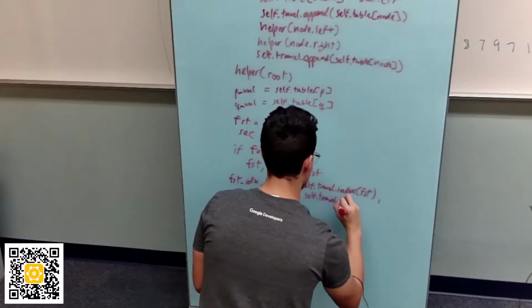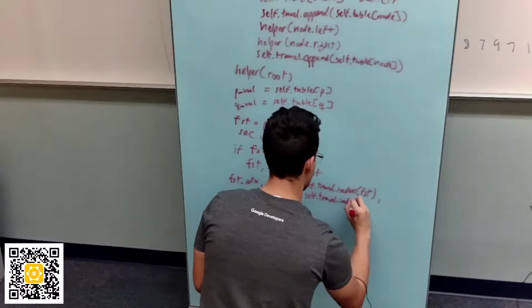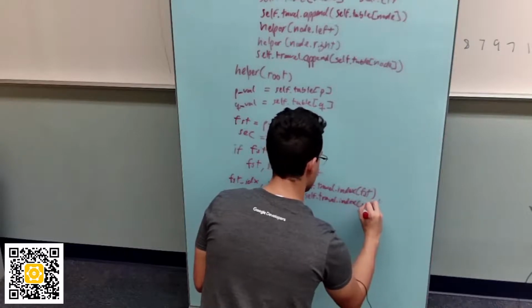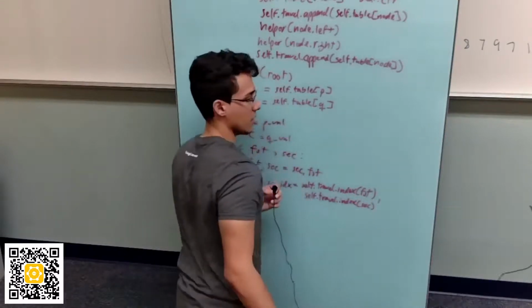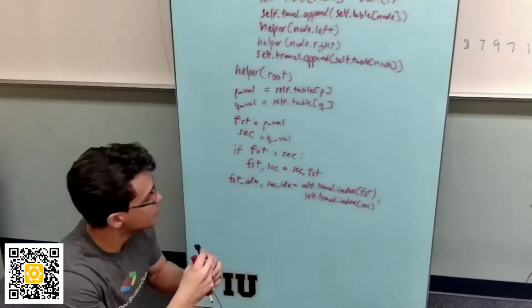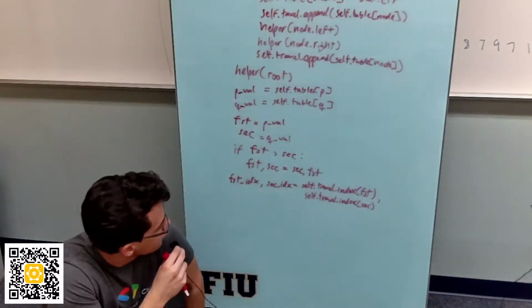So enumerate returns like a list of tuples, the index and the value. That's why in the for loop you see two variables, because it's unpacking that tuple.